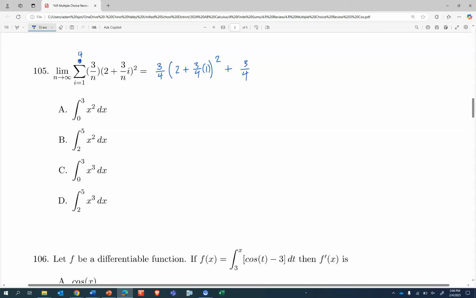Let's see, 2 plus 3/4 times 3 squared, and 3/4 of, what is it? 2 plus 3/4 times 4 squared. So, you could think through this, and obviously this isn't supposed to be 4, but if n were 4, that really tells us a lot.